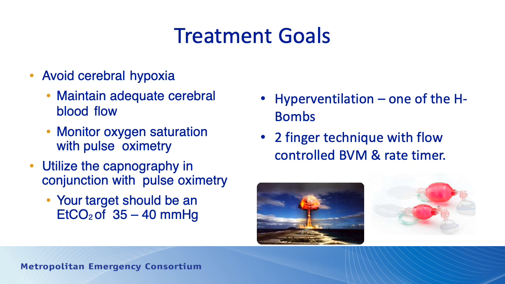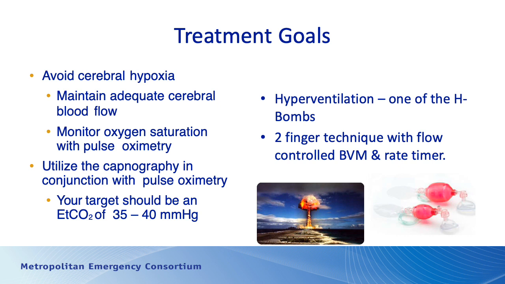All 3 of those have individually and independently been shown to be harmful to the brain, particularly if the brain is injured. So our goal is to utilize capnography along with pulse oximetry to maintain adequate oxygenation and hit an end-tidal CO2 target of 35 to 40 millimeters of mercury.